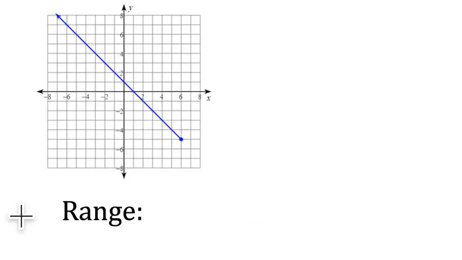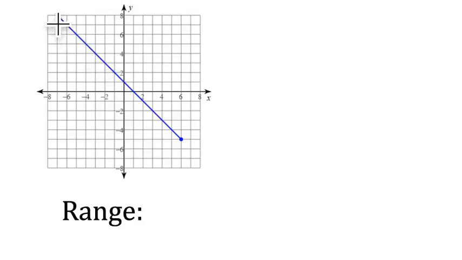Now we're looking for the range of this function that stops or has an endpoint on the right, but continues forever to the left. So let's think about the y values of this function here. The y values of these points that are on this ray, I guess you'd call it, go from -5 all the way up to infinity.